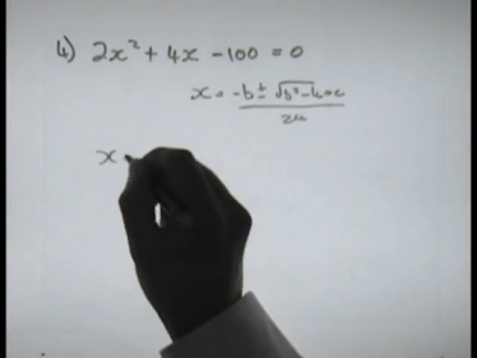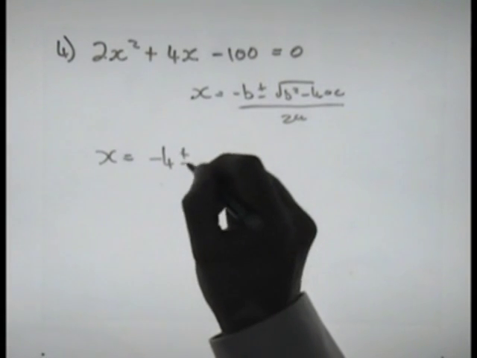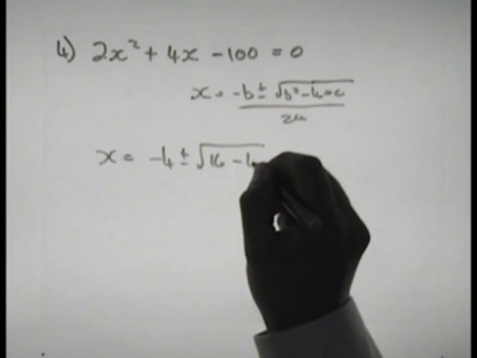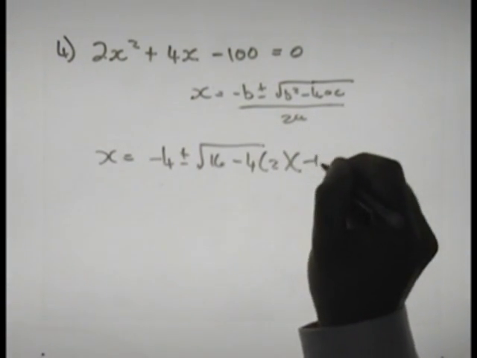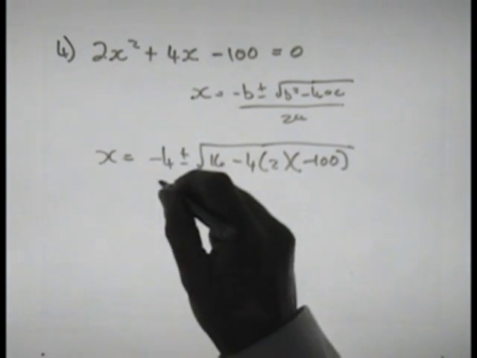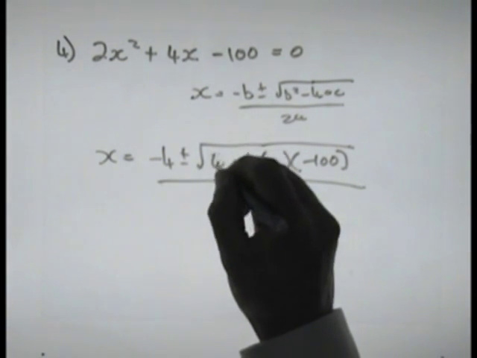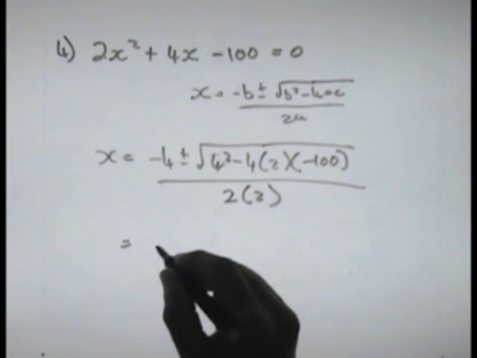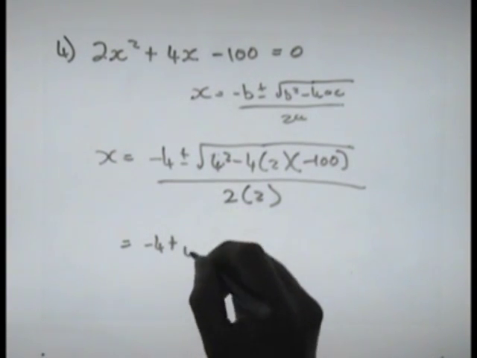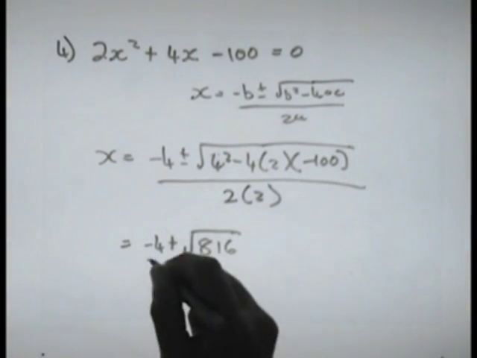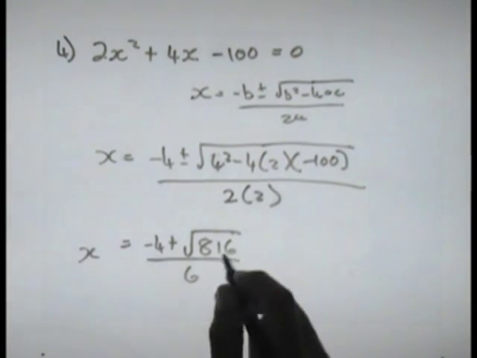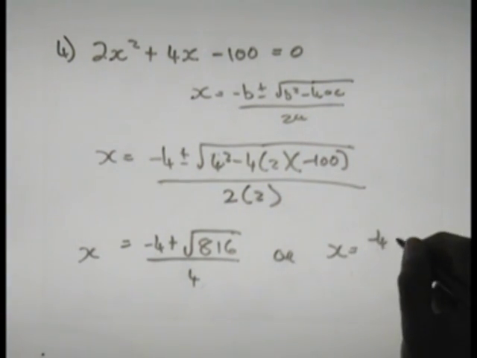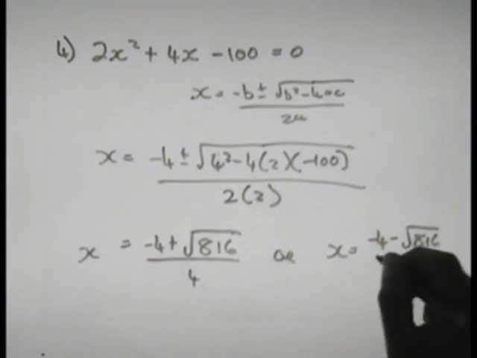That means that in this case x is going to equal minus 4 plus or minus the square root of b squared, which is 16, minus 4ac. Let's just leave that as 4 squared over 2 times 2, which will give us an answer of minus 4 plus root 816 over 4, or x is equal to minus 4 minus root 816 over 4.